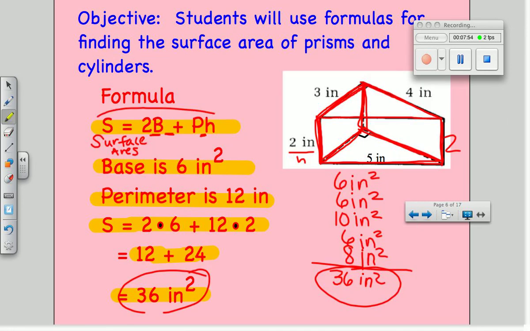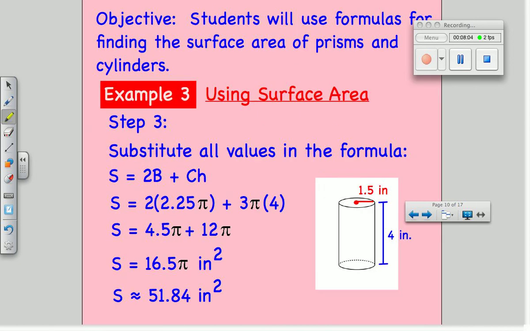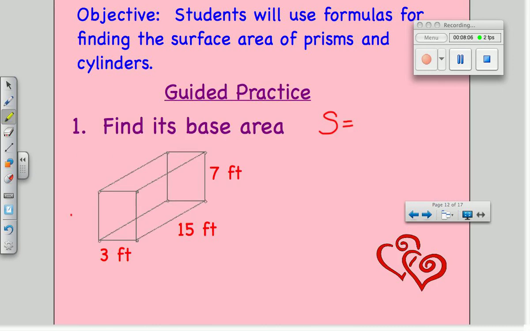This formula here: 2 times the base area plus the perimeter times the height. So we have 2 times the base area plus the perimeter of the base times the height. So this is why they want us to find the base area first.